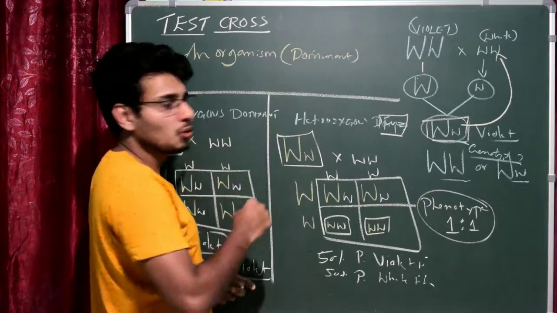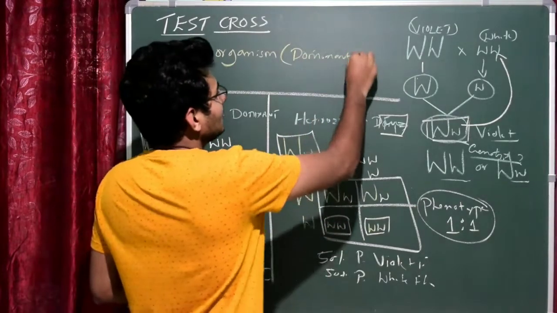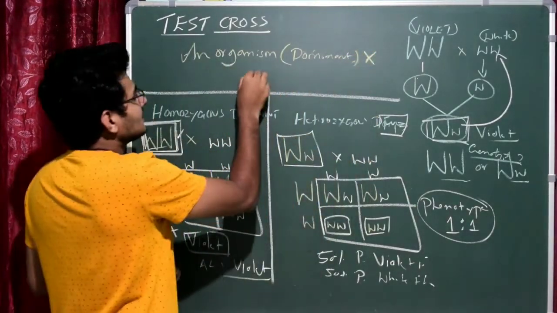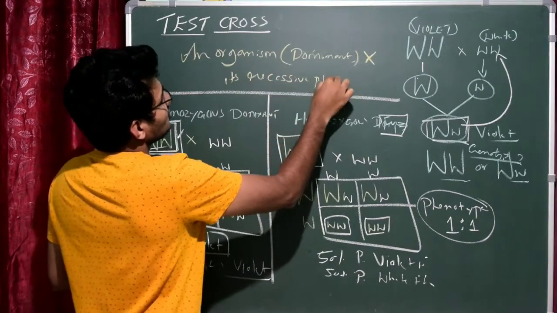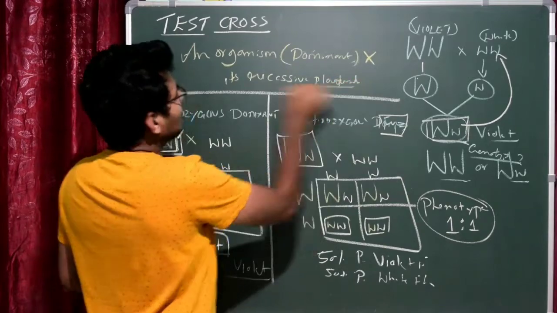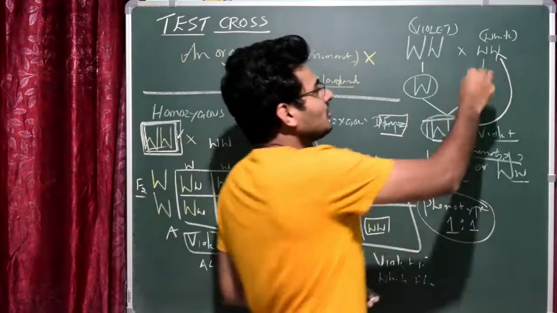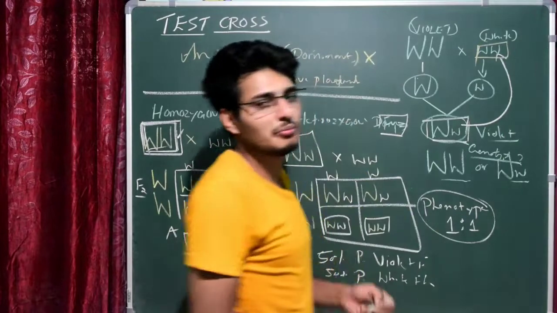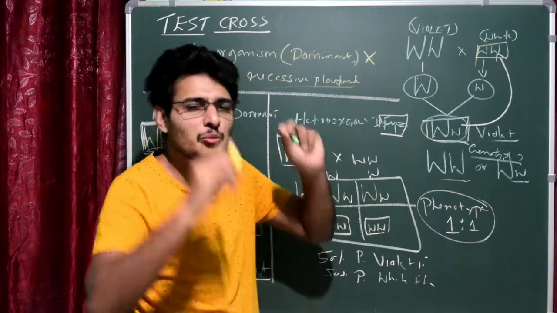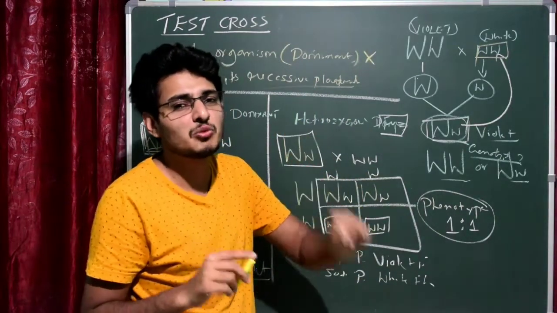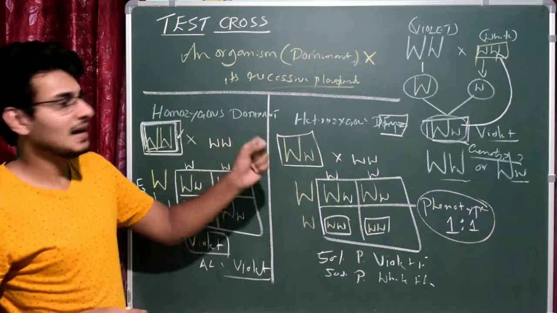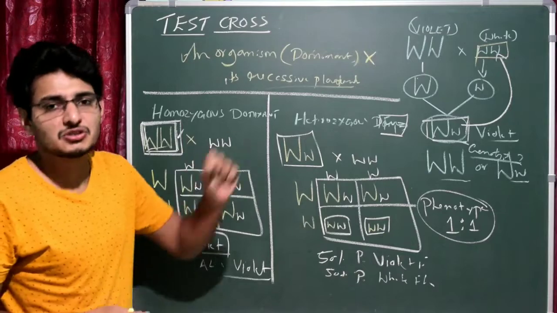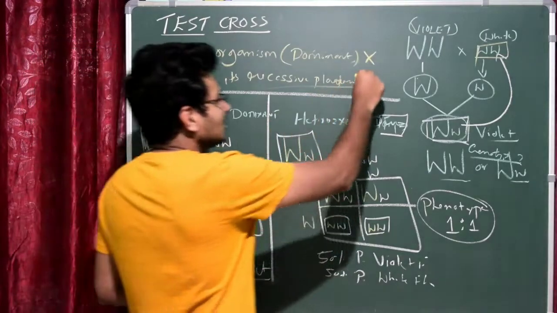An organism showing the dominant character is crossed with its recessive parent. Why is it crossed with recessive parent? Simple. We know that white colored flowered plants obviously have homozygous small w. That's it. So an organism with a dominant character is crossed with its recessive parent. That is called the test cross.